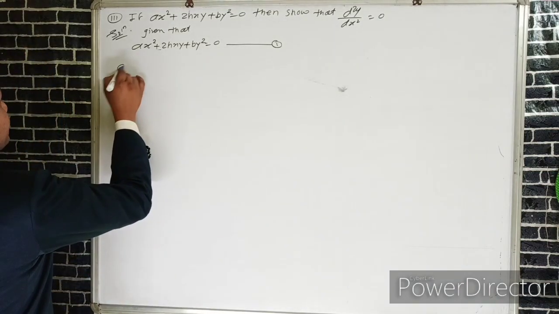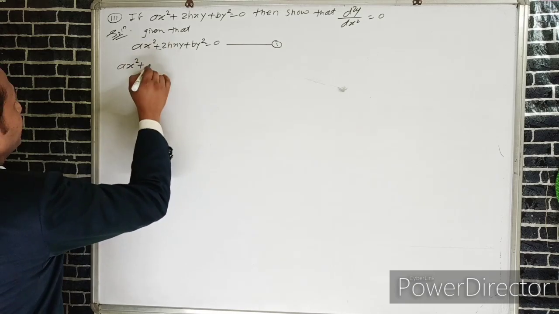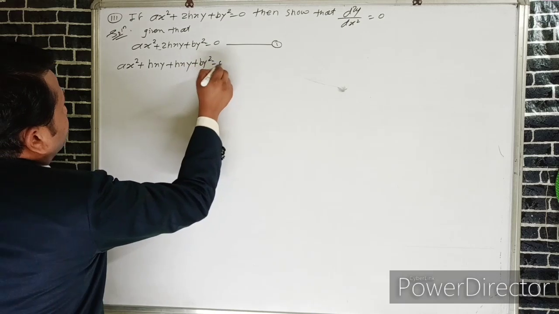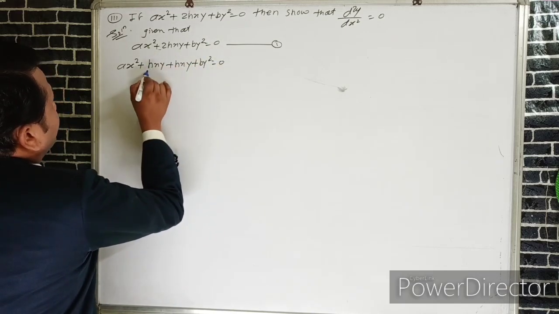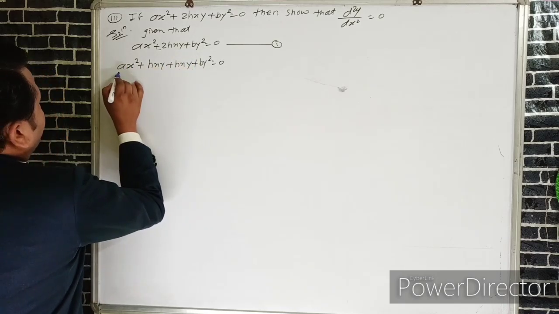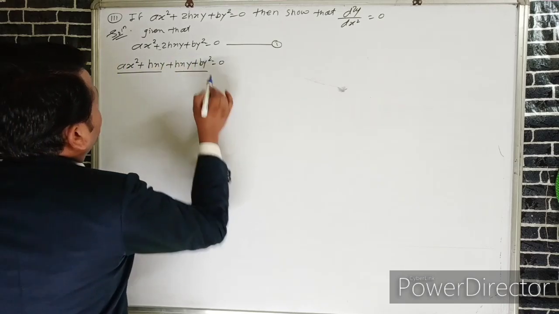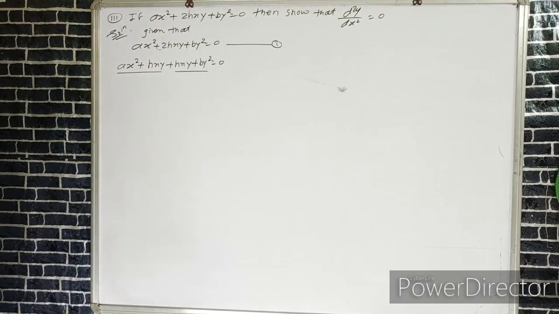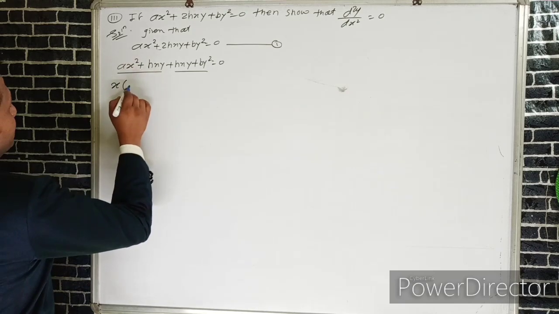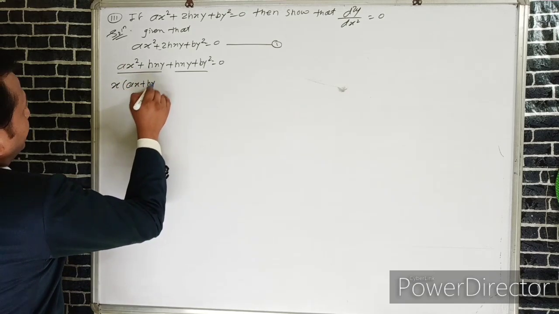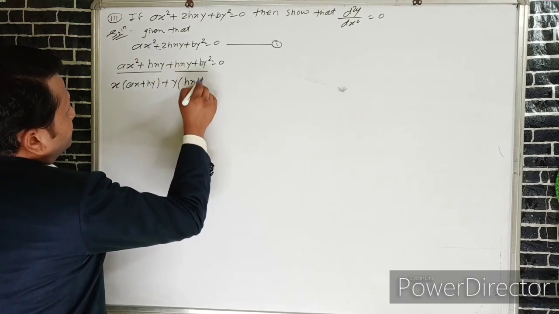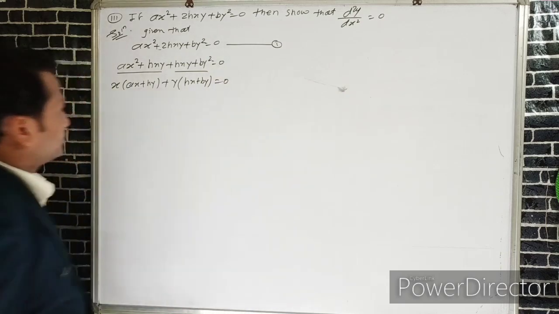We can write ax square plus 2hxy, meaning hxy plus hxy, plus by square equals 0. In the first two terms and the second two terms, we take x common from the first two terms, and we can write x into ax plus hy. If we take y common from the other two terms, we can write y into hx plus by equals 0.